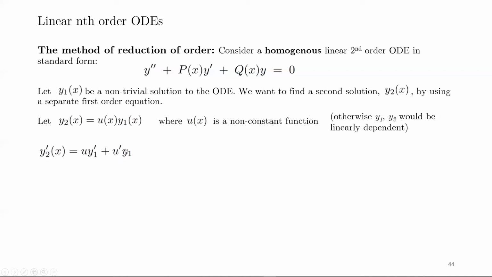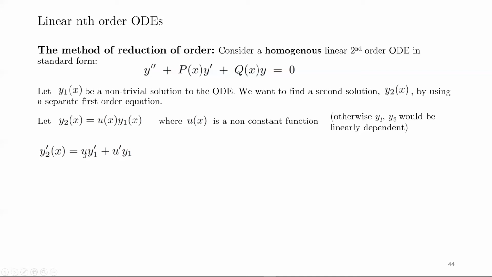Okay, well let's take a second derivative now because we've got a second order equation. If I do that, again I'm going to get a product rule, so I'm going to end up with 4 terms here because I have 2 terms from this first product, u times y1 prime, and then I have another 2 terms from u prime y1.